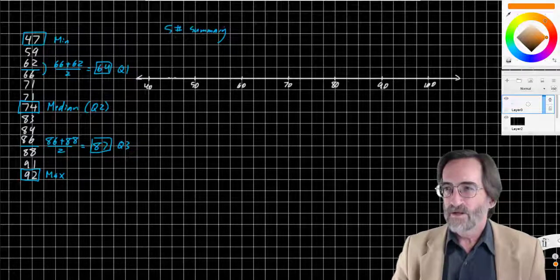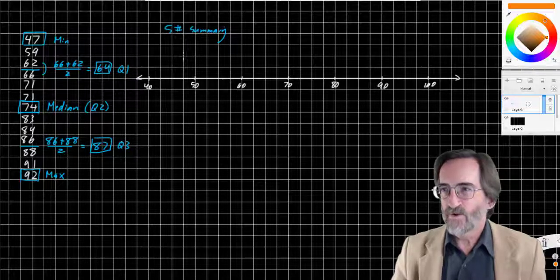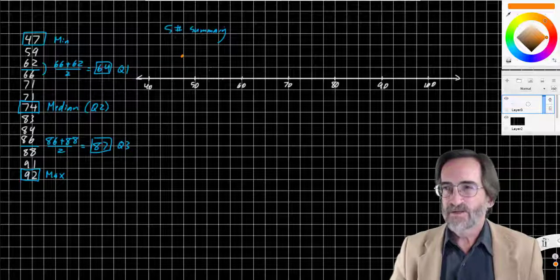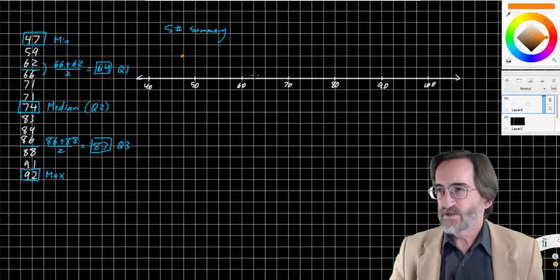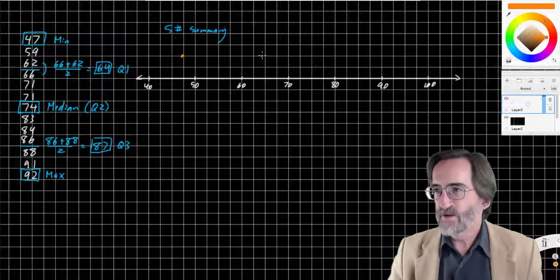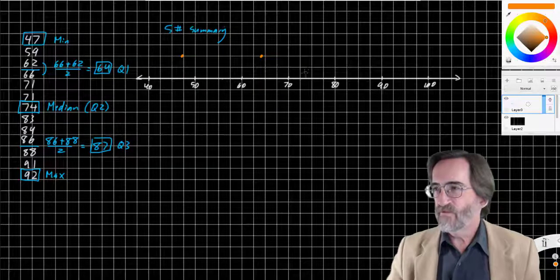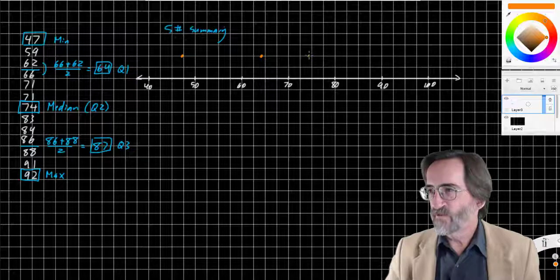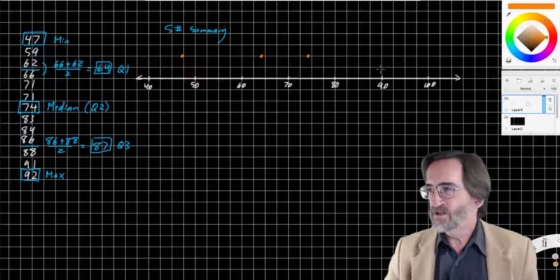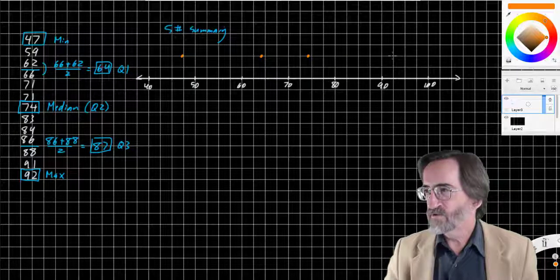47. So here's 45, 47.5. So 47 is just to the left of that. 64. 60, 65. 64 is a little less than that. 74. 75, 74 is a little less than that. And 92, so 92.5, a little less than 92.5 is right there.